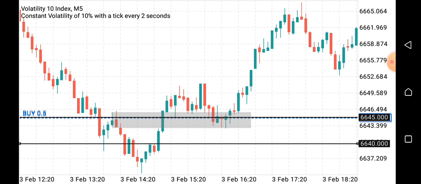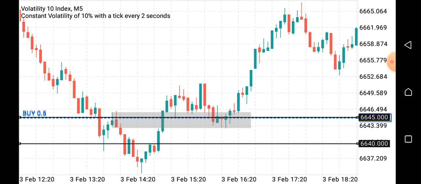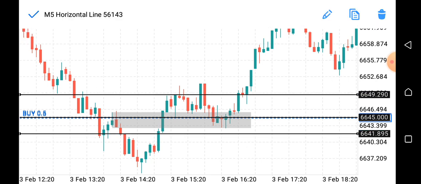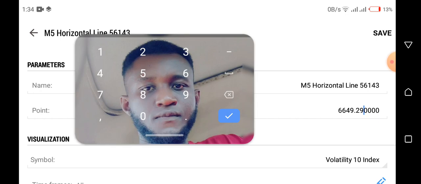So I can add another one above, so as to show you how this market respects these psychology levels. Let me drag this one above. The next one is going to be what? 6650. Just count it in 5s. That is for volatility 10. Clear these zeros. 50.